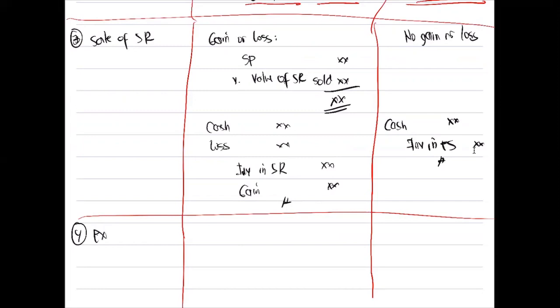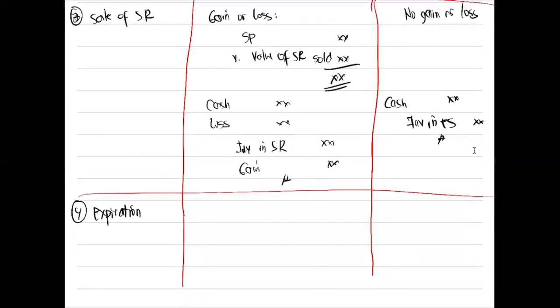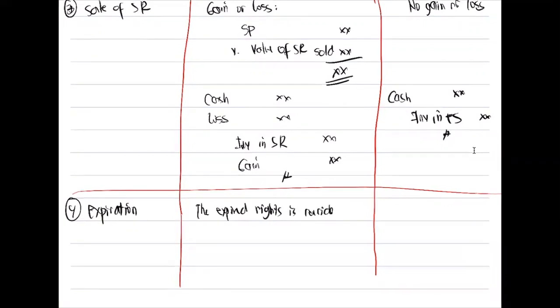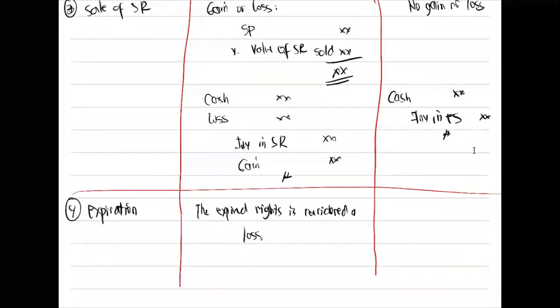Expiration of stock rights. So what is expiration? Remember, you can only purchase at a specified date. So what if you do not exercise it within the specified date? Here in accounted for separately, the expired rights are considered a loss.